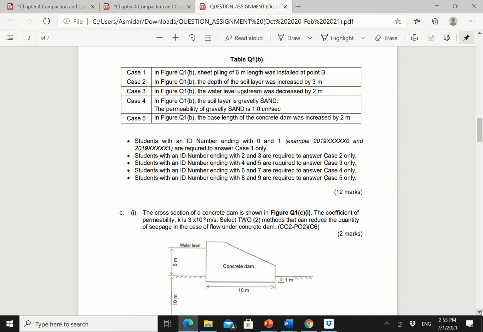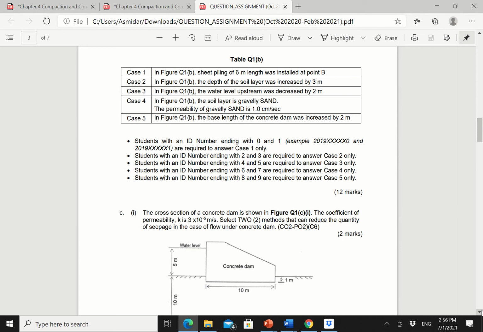For example, students with an ID number ending with 0 and 1, for example 2019XXXXX0 and 2019XXXXX1, are required to answer case 1 only. If your ID number ends with 2 and 3, you are required to answer case number 2.